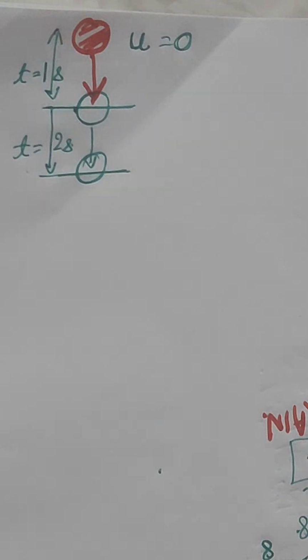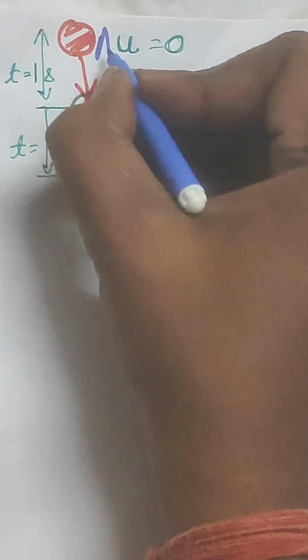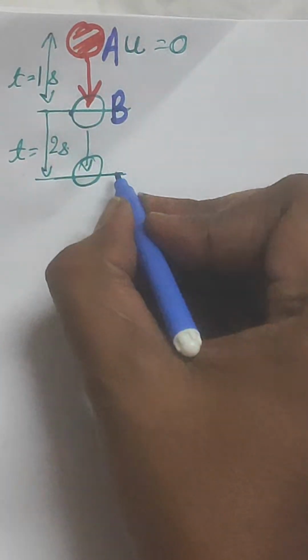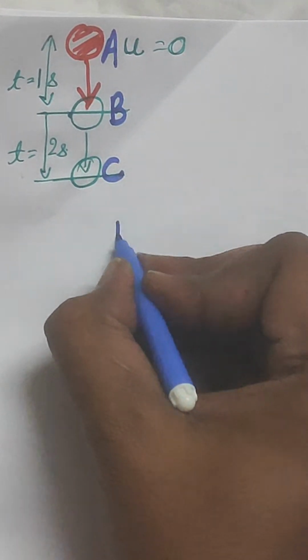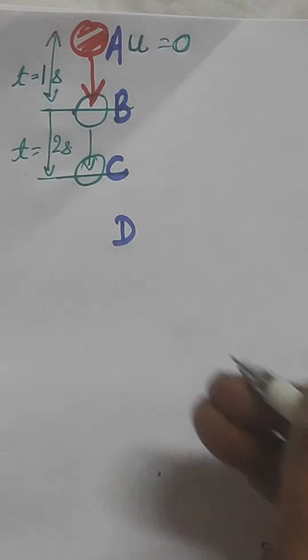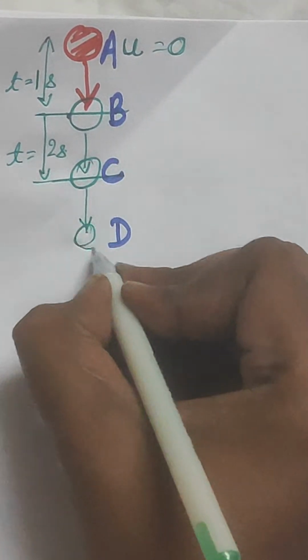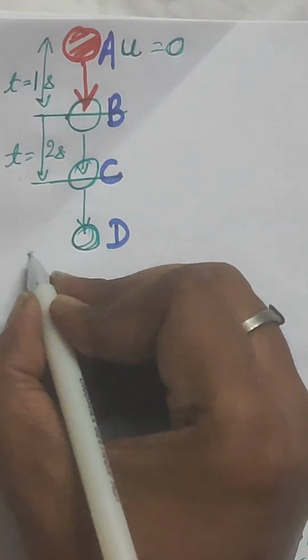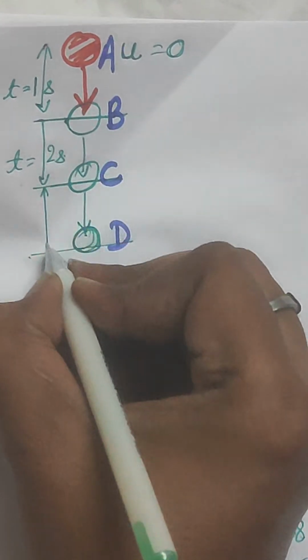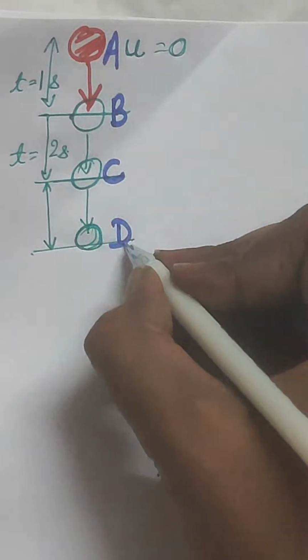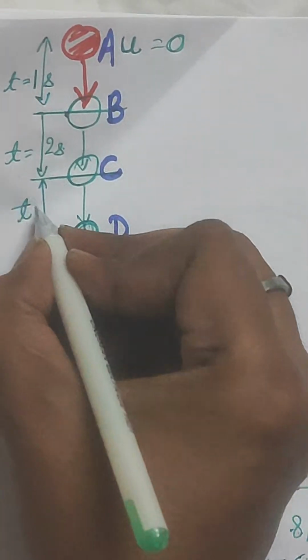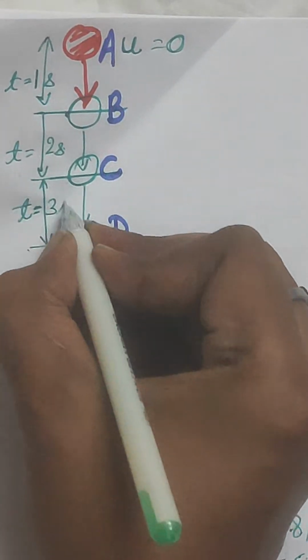Let me write the positions of the ball: this is A, this is B, this is C, and this is D. In the third second of traveling the ball reaches this position. The time taken to reach from C to D is 1 second only, so t equal to 3 seconds.